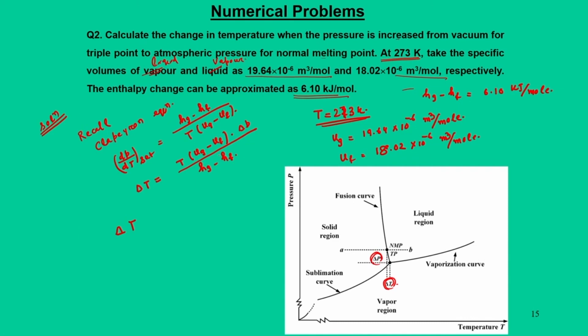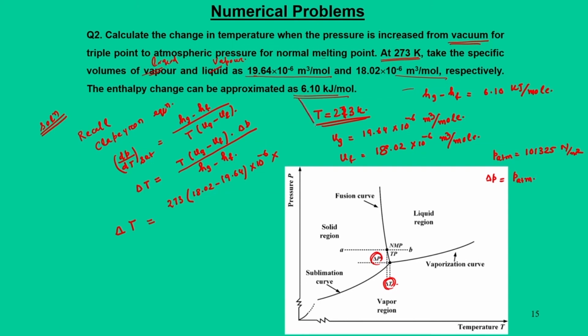There is a correction. Since the slope is negative, I think the data was interpreted wrongly. So delta T would be: T is 273, Vf minus Vg is 18.02 minus 19.64 into 10 to the power minus 6, delta P is the atmospheric pressure, P atmosphere, which is 101,325 Newton per meter square, and since it starts from vacuum, delta P is nothing but P atmosphere.